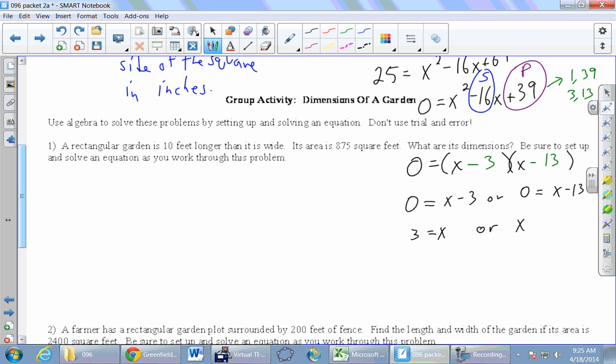And the second one, 13. In solving quadratic equations, you will almost always get 2 answers. So not surprised to see 2 answers. But both of these answers make sense in the scheme of this paper getting cut up and folded. Mariah, what's wrong?